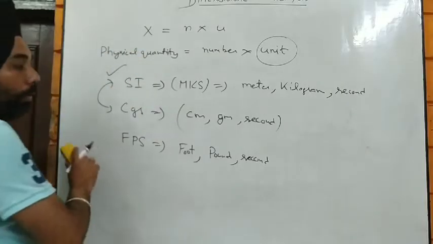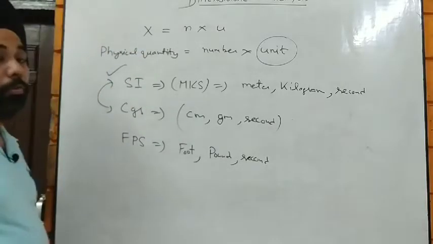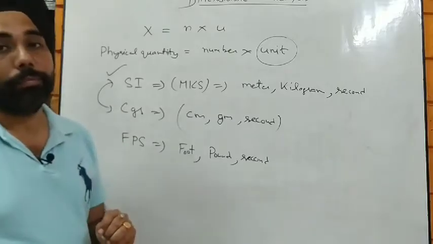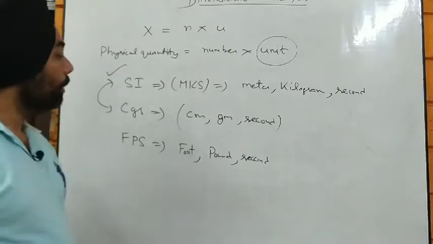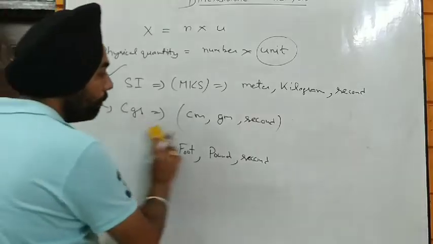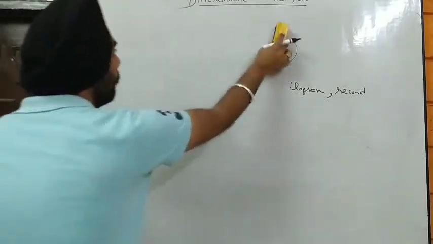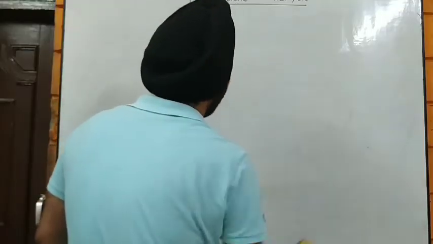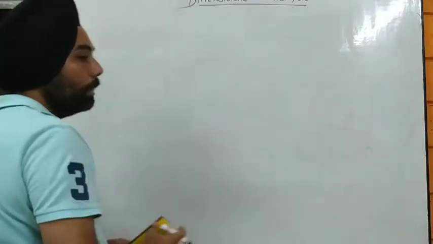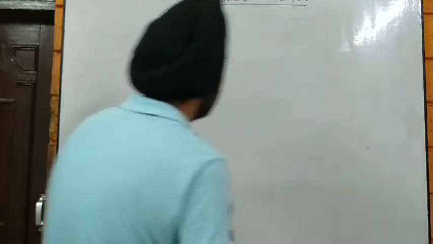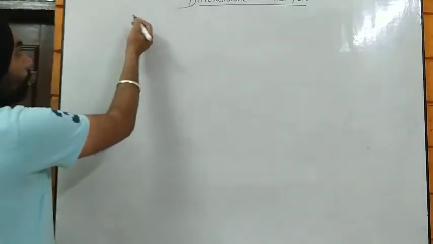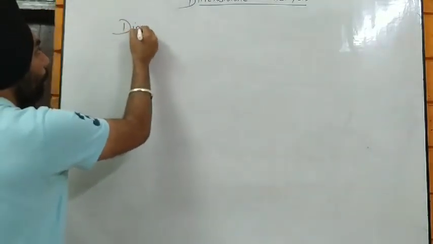Now we are moving ahead to the next topic, that is, what is dimensional formula, and that is the main topic of today. So these are the basic things. Hope you know that. And now we are moving to dimensional analysis.